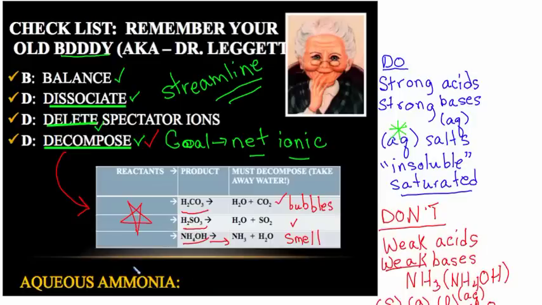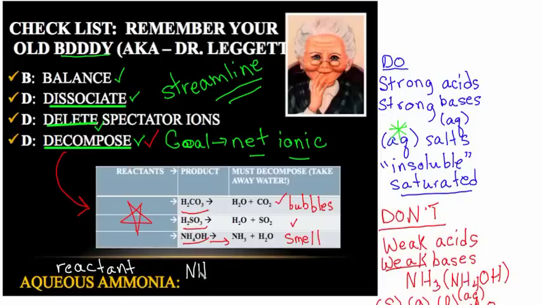Now, there's one other weird nuance in AP before I move into two examples for you, one of which will be a great help on your homework, because there's a very difficult one on your homework, and I've got one that models that. And that's when aqueous ammonia is listed as a reactant.